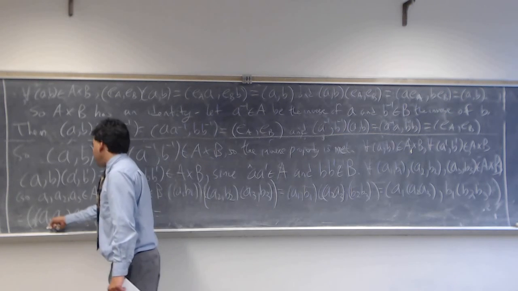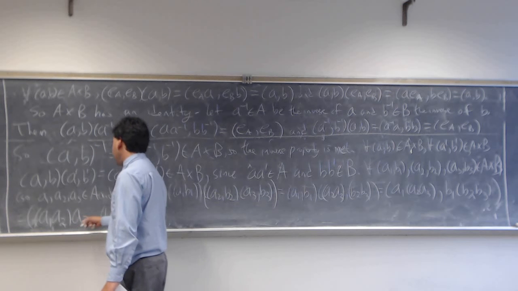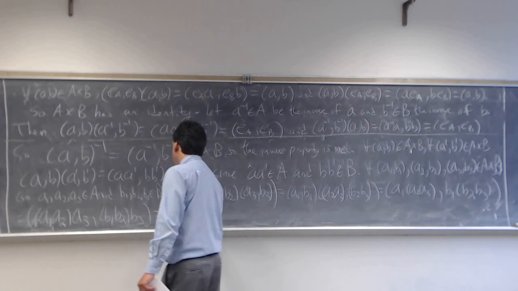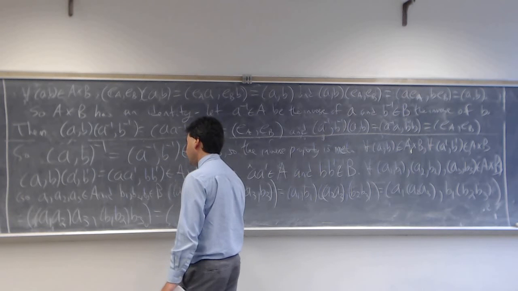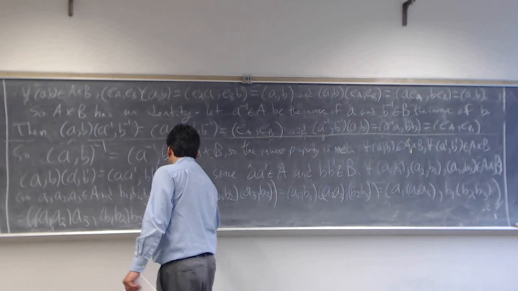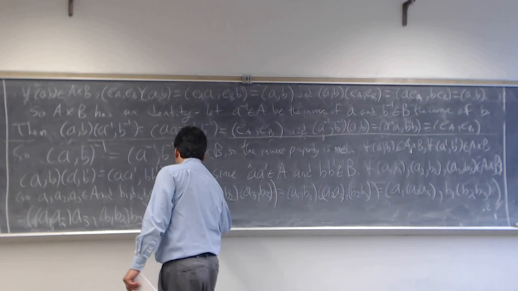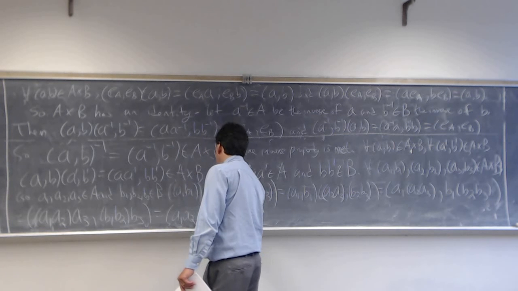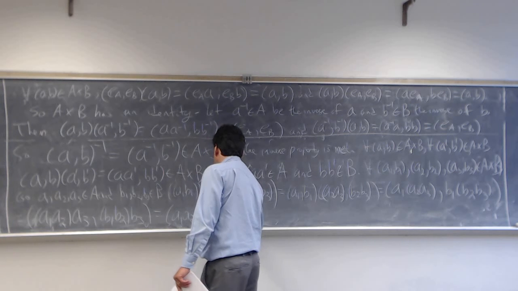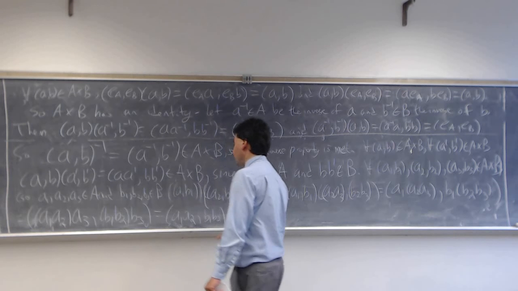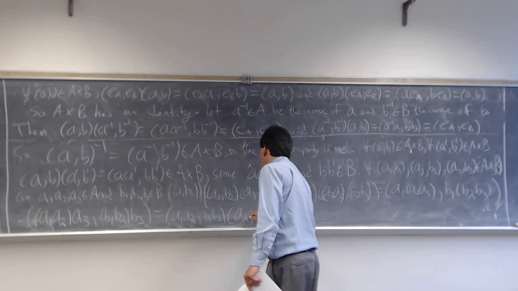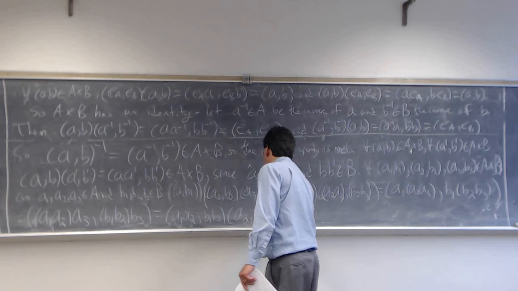But here I have an element of A times another element of A in the first spot, an element of B times another element of B in the second spot. That's exactly the same as (a1 a2, b1 b2) times (a3, b3).